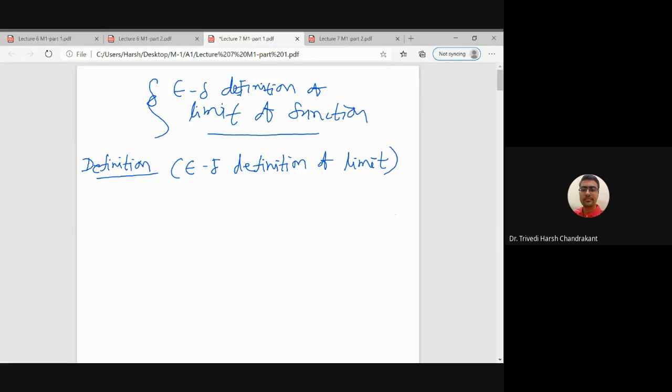So let f be a function defined on the domain D. Domain here means it is a subset of the xy plane.